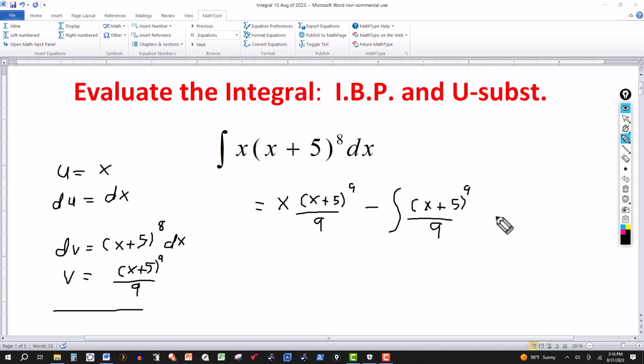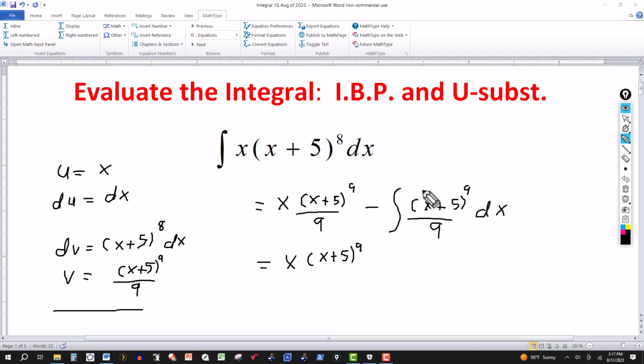And then the next part is the du, which is just dx here. When I rewrite this, we've got x times (x plus 5) to the 9th over 9. And again, this is the same thing as if you had x to the 9th, because the derivative of x plus 5 is 1.